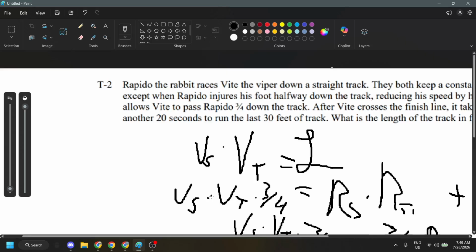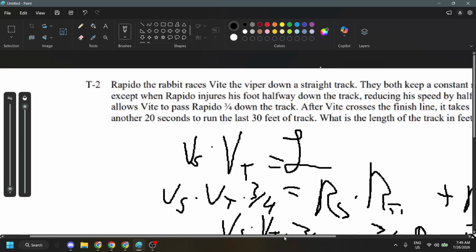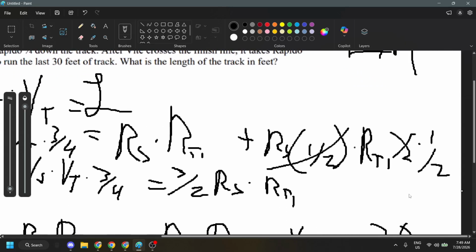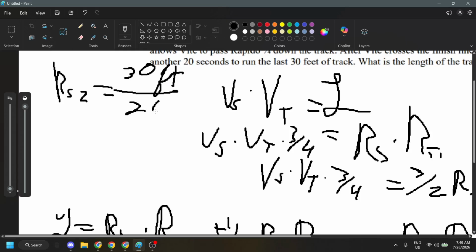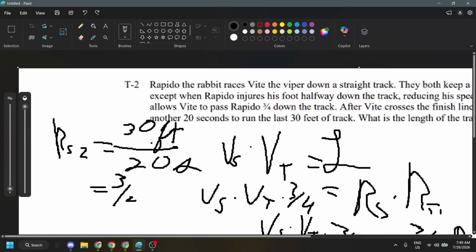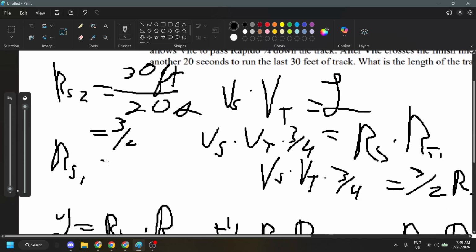Oh, this tells us something very important. The RS2 is equal to 30 feet per 20 seconds. Is equal to 3/2 feet per second. So that means if that's half, then that means that RS1 is equal to 3.